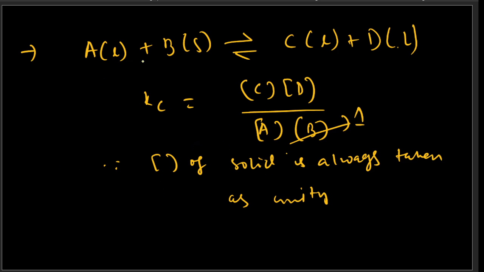Whenever the concentration of a solid is given, we just take it as unit 1, and it is not included. So here Kp is not defined. Why? Because for Kp to be defined, at least one gas has to be present either on the reactant side or the product side. Here gas is not present on either side, so Kp is not defined.